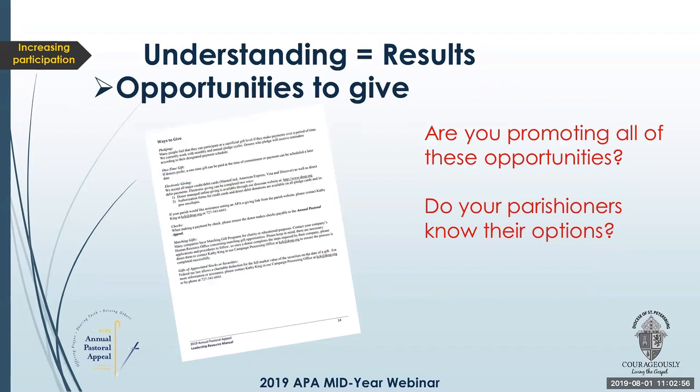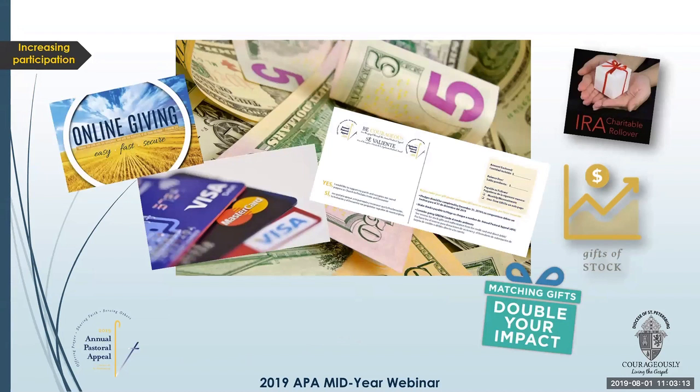Okay, let's move on. Understanding the opportunities to give. On page 14 of the Annual Pastoral Appeal Leadership Manual, there is a detailed description of all the opportunities to give that we offer within our diocese. So, from a pledge to a one-time gift, or from a gift from an IRA distribution, or just plain cash, any gift is welcomed, whether it's for the annual appeal, offertory, or some other need.